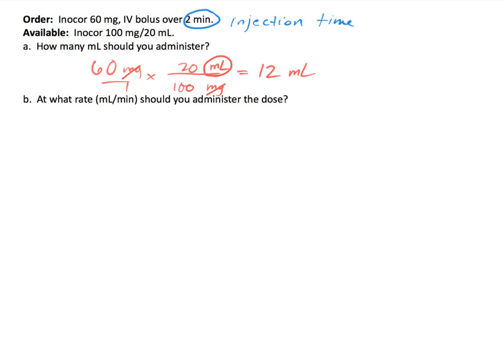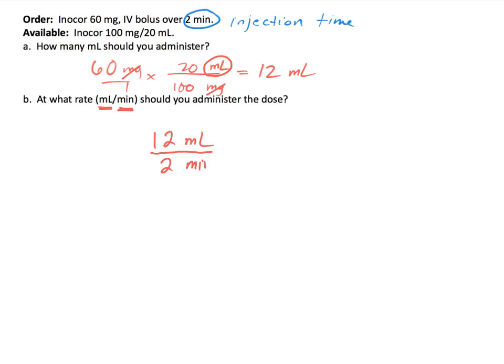So for part B, at what rate in milliliters per minute should we administer this dose? Well, if we're looking for a ratio of milliliters to minutes, I know the total number of milliliters that are in the syringe, that's 12 milliliters, and I know the total number of minutes that I will be standing there pushing medication, and that's over 2 minutes.